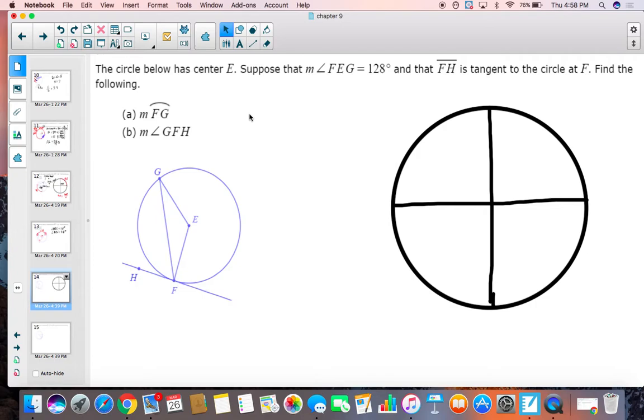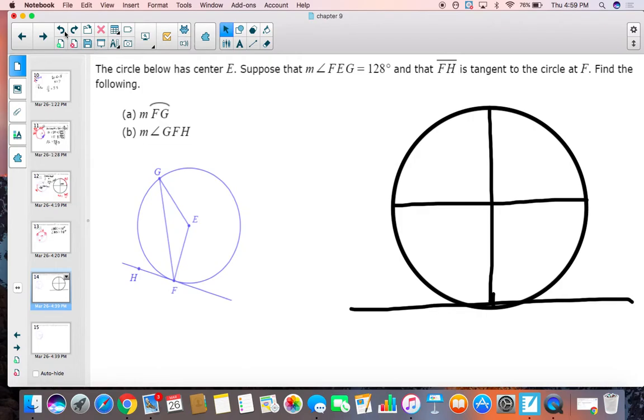And then a tangent line to a circle must be perpendicular to one of your chords. So I'm going to draw in my tangent line, and it is forming that 90-degree angle with my radius or my diameter, which is what we need.